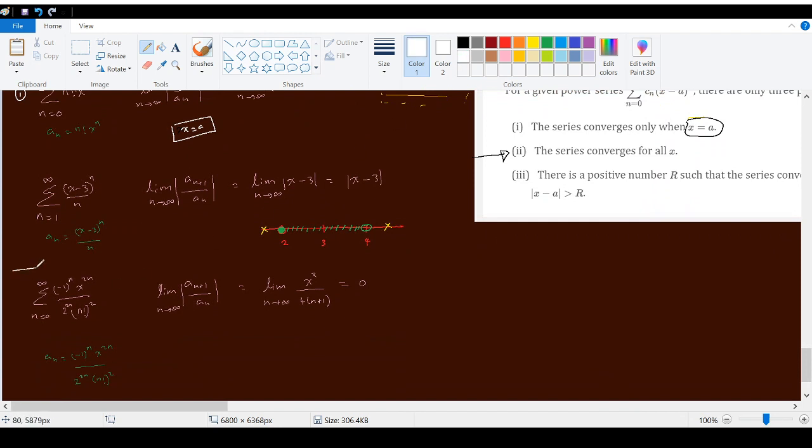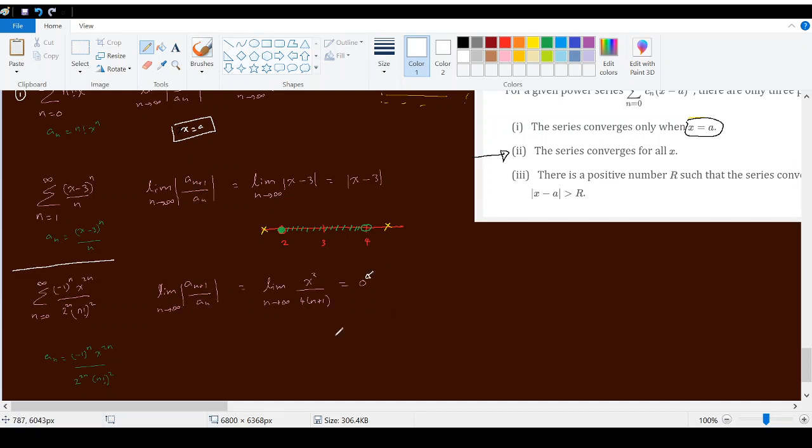This one we did not discuss in a video, but still if you compute the a_(n+1) divided by a_n term, and if you get the limit, you can see that the limit is 0 irrespective of the value of x.